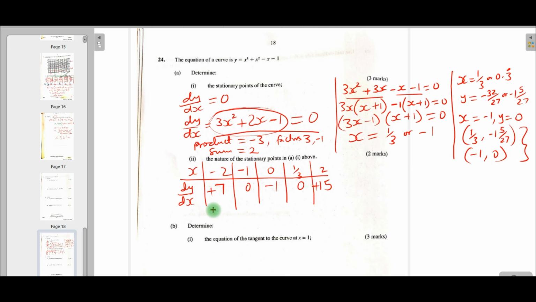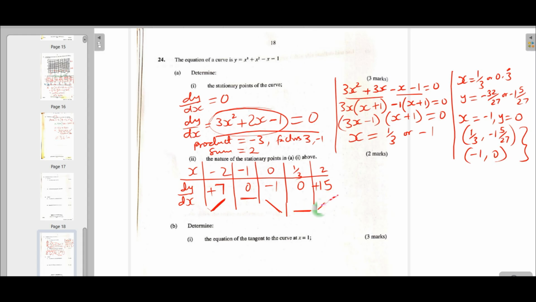So the nature for positive gradient, and this is the graphical representation, diagrammatical representation. Here the gradient is 0, then here it is negative. That's how it is. Then the other one is, it is the minimum, and the other one is positive.